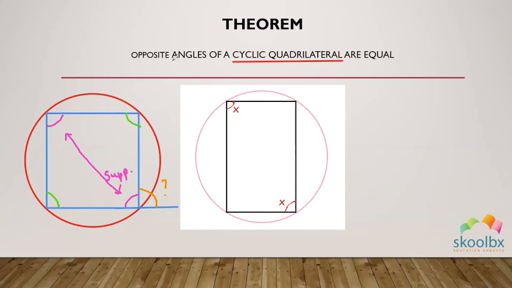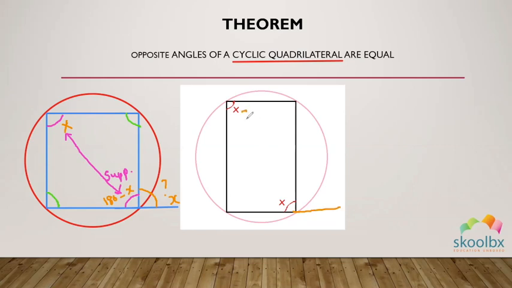It would be equal to the opposite angle. This is x, and this is 180 minus x. So what would be the value of this angle? It would be x. Anaria, are you okay with that? Yes, sir.